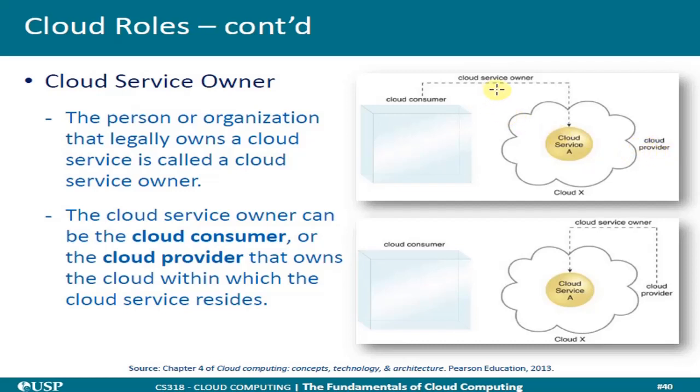And then you have the cloud service owner, which can be the cloud consumer or it could be the cloud provider, right? So either of them could own the cloud service that resides within the cloud. It could be the cloud consumer that owns this service or the cloud provider that owns that service.